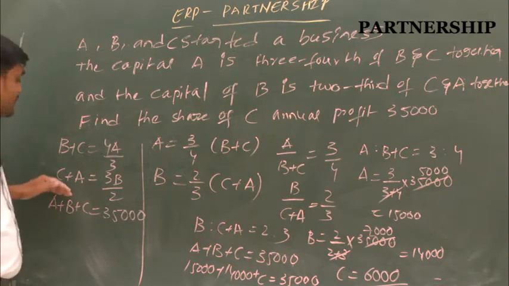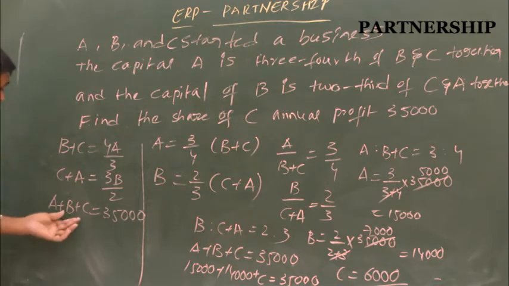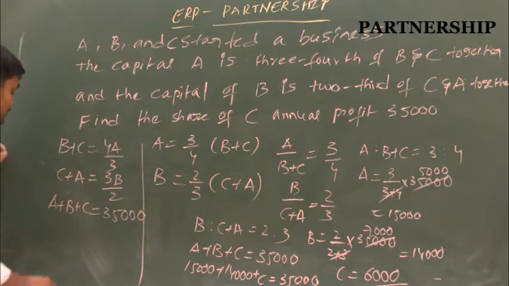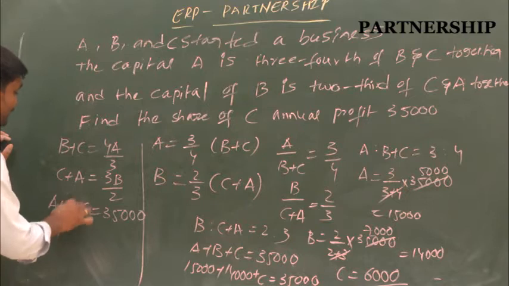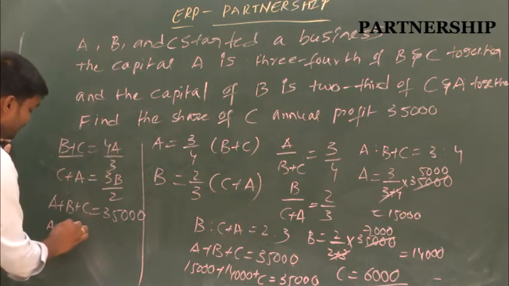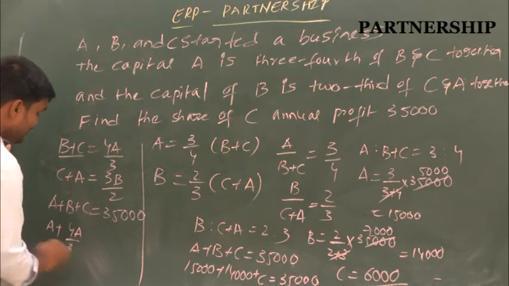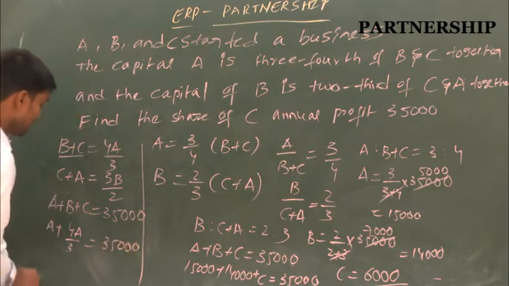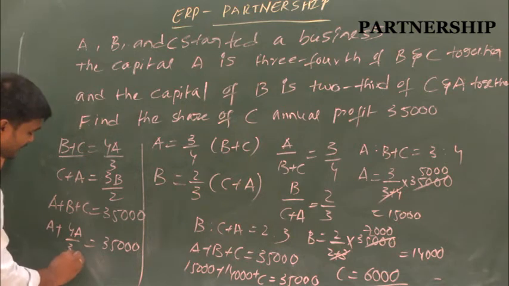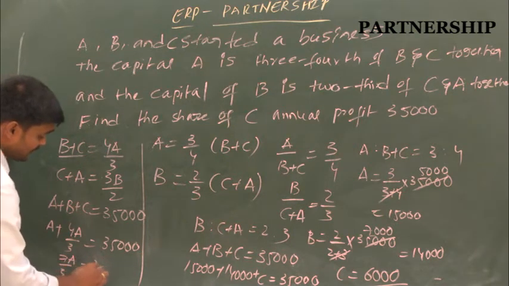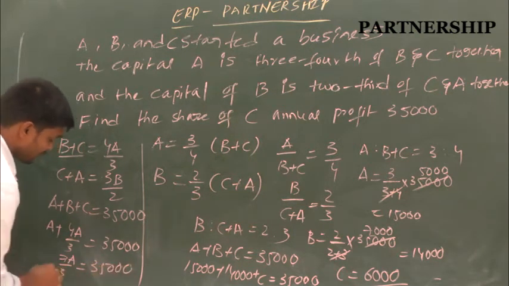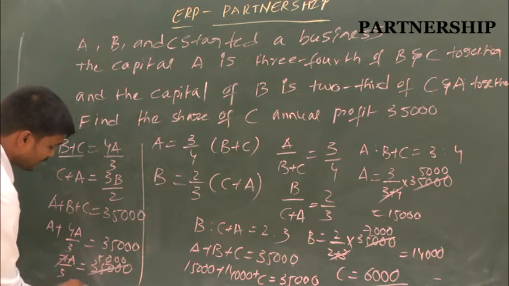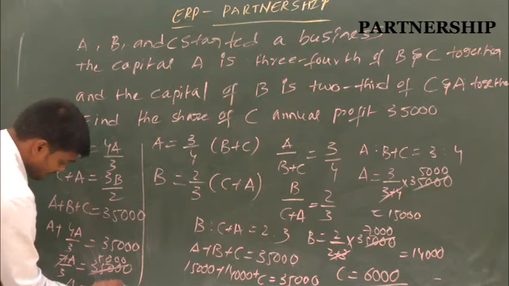According to this equation, if you substitute b plus c, then a plus 4a by 3 equals 35,000. So that is 7a by 3 equal to 35,000. So a equal to 15,000.